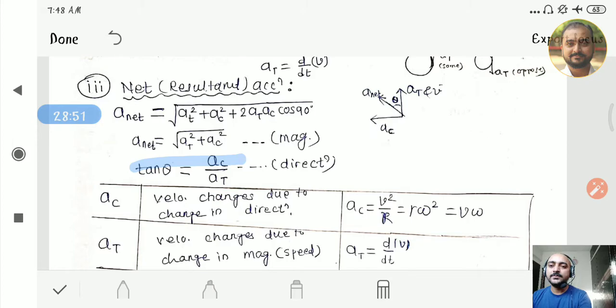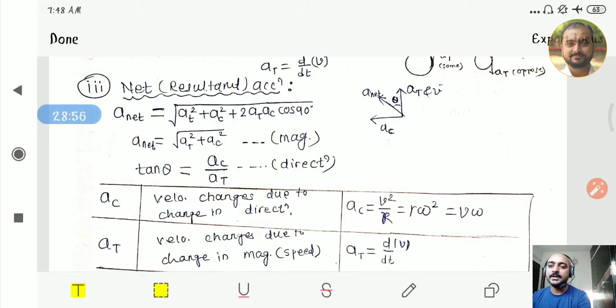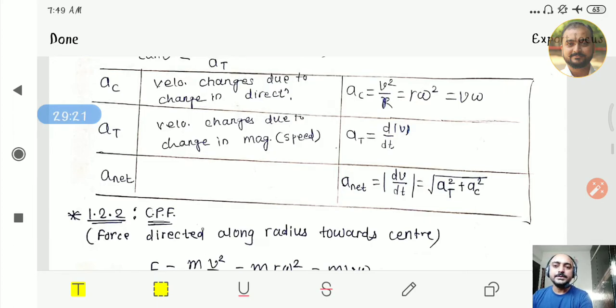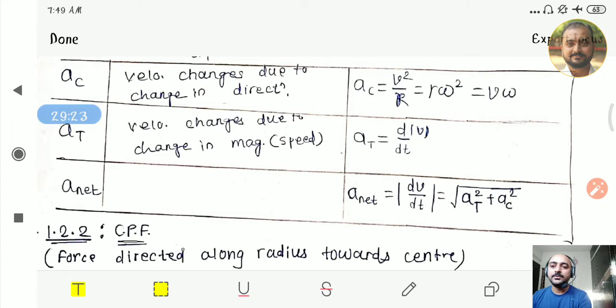This is the summary for centripetal acceleration as well as tangential acceleration. You must remember that in centripetal acceleration there is a change in direction, so the velocity changes due to direction. In tangential acceleration, velocity changes due to the change in magnitude also. The formulas are there, and everyone knows that.